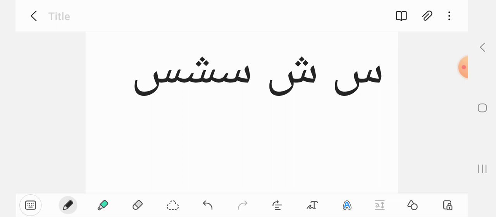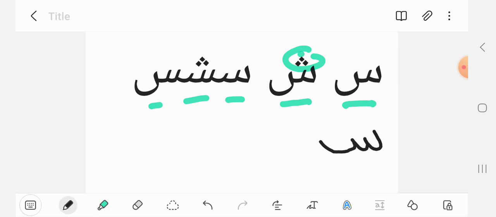So in this video, we went over Sin and Sheen, and how they change shapes, and we also went over how to write those three dots in different shapes. So Sin, that's seen as handwritten. Then Sheen, again handwritten.